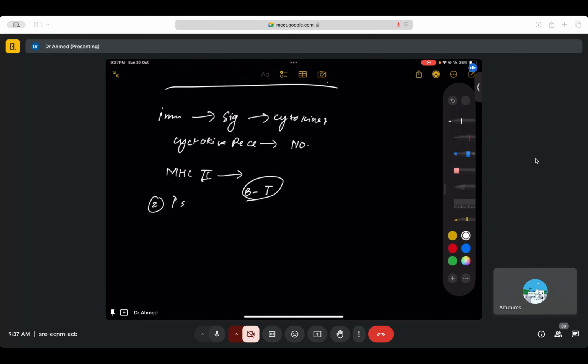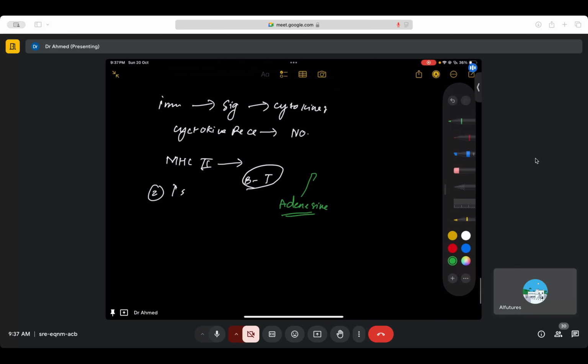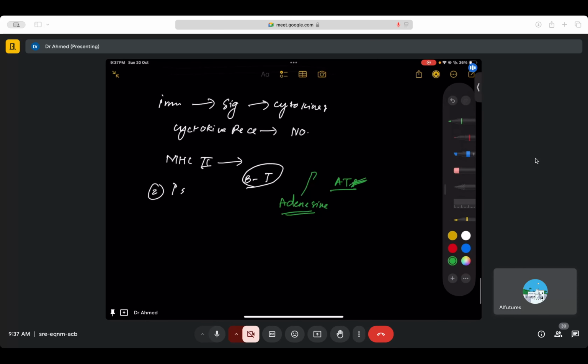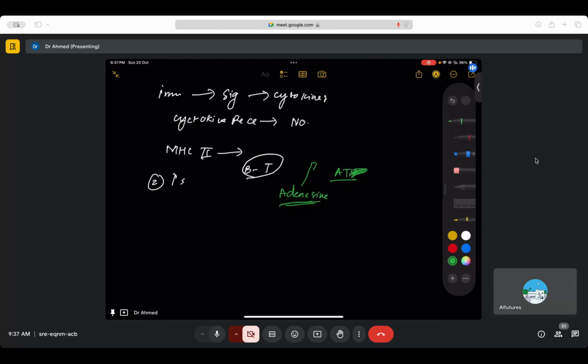So what happens normally with adenosine? What's adenosine? Purine base in DNA. Okay, so simply you can say that ATP is formed of adenosine. Whenever you consume your ATP, you are ultimately going to see adenosine. Adenosine inside your cell loves to combine with some of your amines.